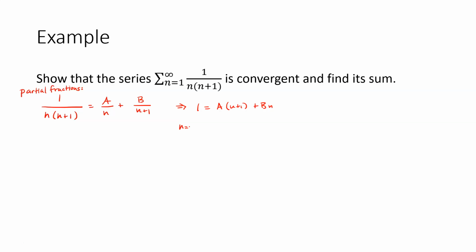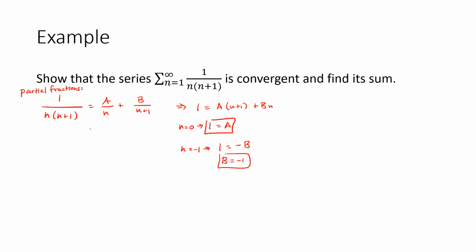If I substitute n equals 0 into the equation, I get 1 equals a times 1, and then the b term would be 0, so it's just giving me a equals 1. If I substitute n equals negative 1 into the equation, then I get 1 equals negative b. Notice that the a term becomes 0, and so it gives me b times negative 1 is negative b. So I have b is equal to negative 1.